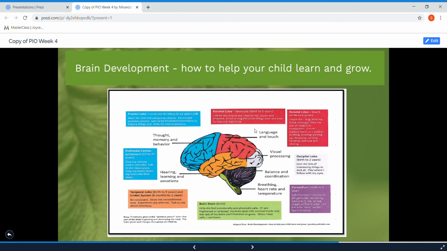So we can see here that this red area is developing from birth to 6 years. And some ways that we can help in that development is we can talk and sing and read and listen and respond to our child, and especially saying and reading and singing the same things over and over and over again.